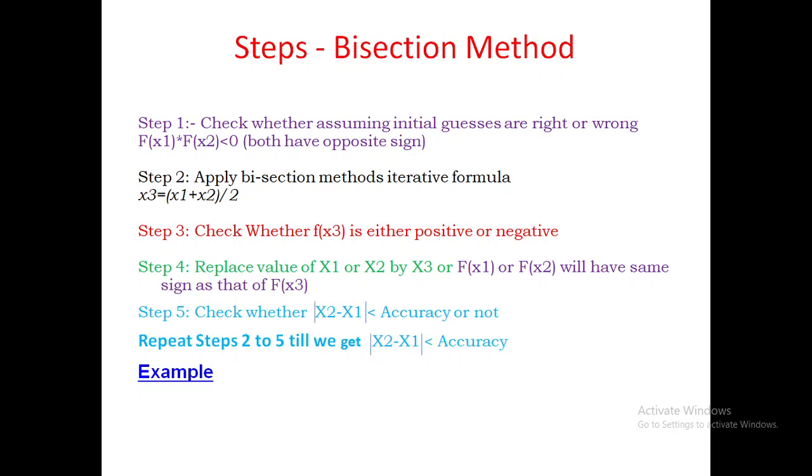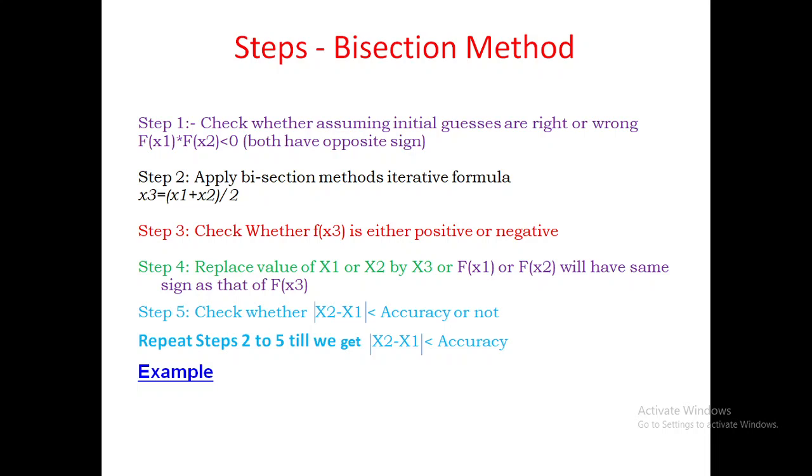Sometimes they are not provided. At that time you have to assume the initial guess. Suppose x1 is equal to 0, you have to assume. And second, x2 is equal to 1.